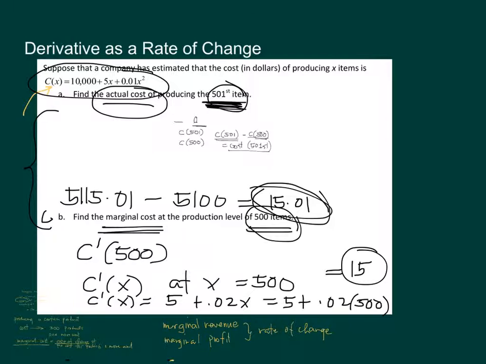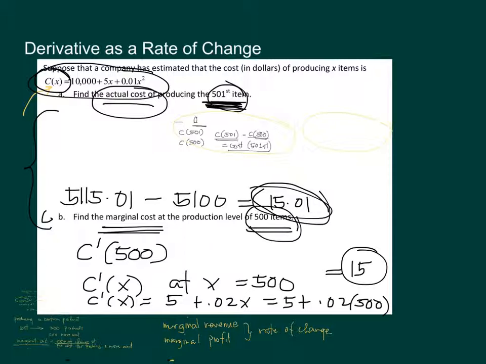So I hope that the idea of finding the actual cost and the marginal cost is clear. Actual costs will require you to get the cost by using C of x. Like if we want to find the cost of producing the 501st item, we look for C of 501 and C of 500 and subtract the two.